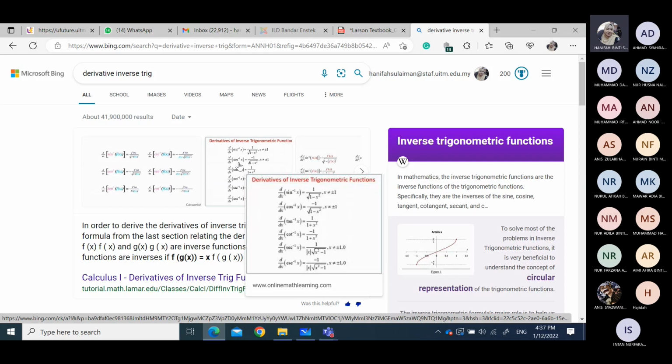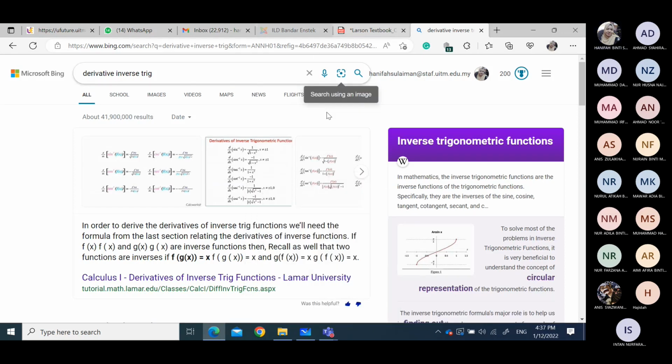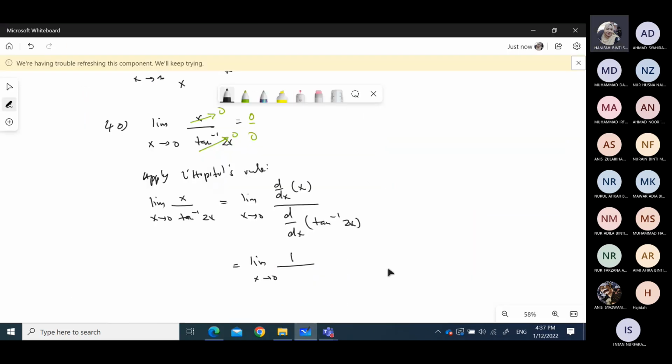So we have 1 over 1 plus 2x to the power of 2, and the inner function is 2x.